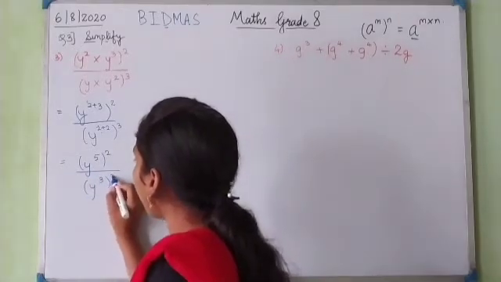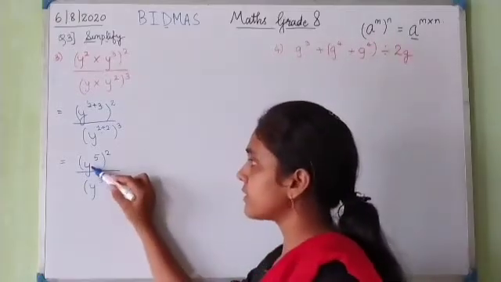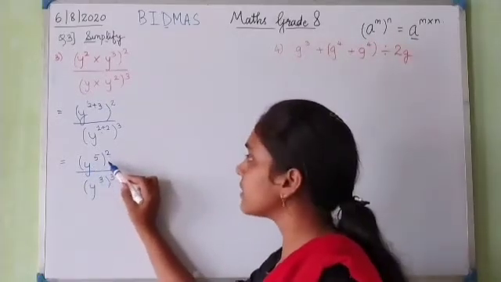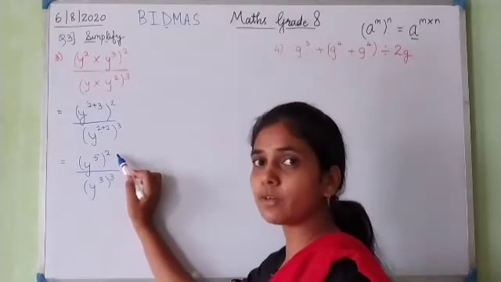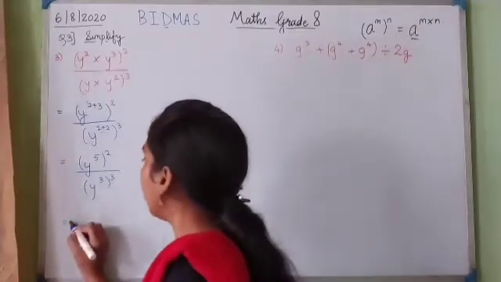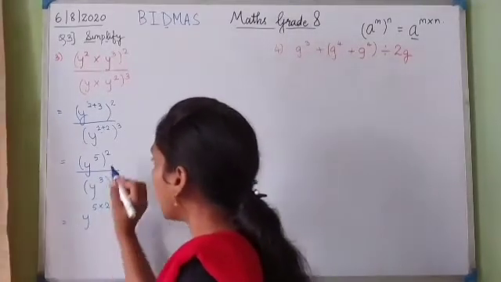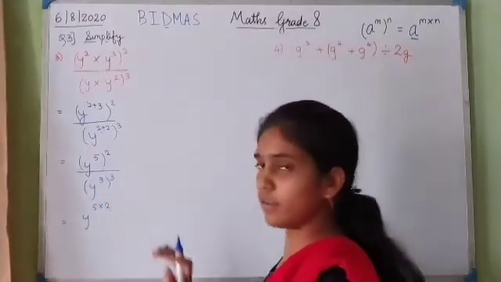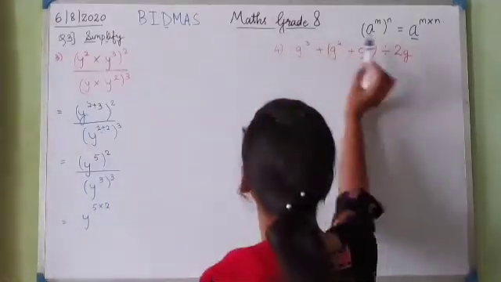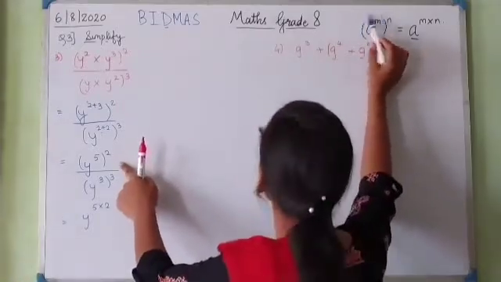So 3 bracket 3. Now according to this law, there is a power inside the bracket and a power outside the bracket. So their indices will get multiplied. Okay, so this will be y raised to 5 multiplied by 2. Now the bracket gets cancelled. Why? Because the numerator here is in this form, right?